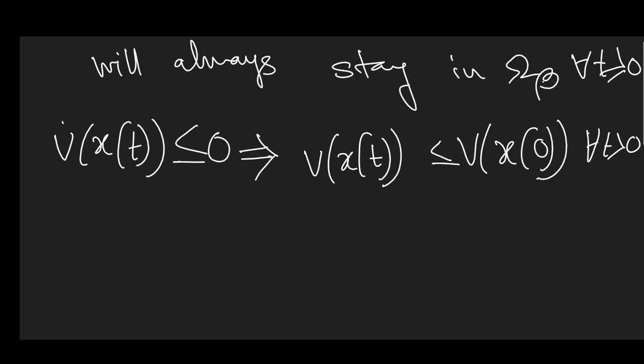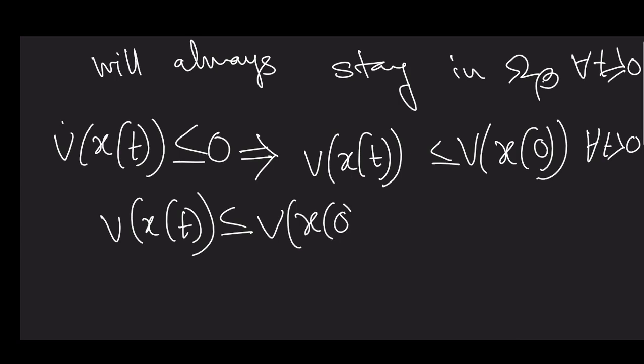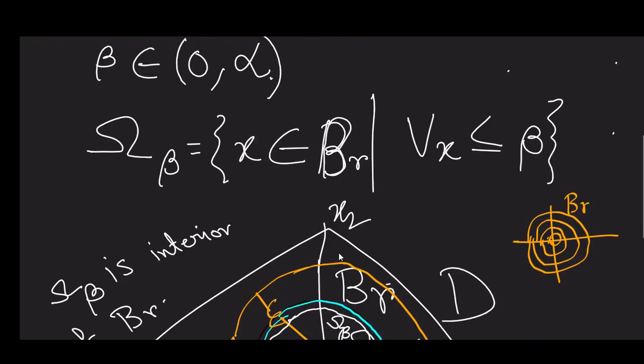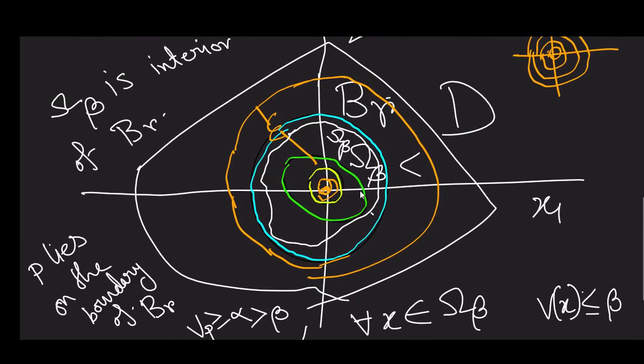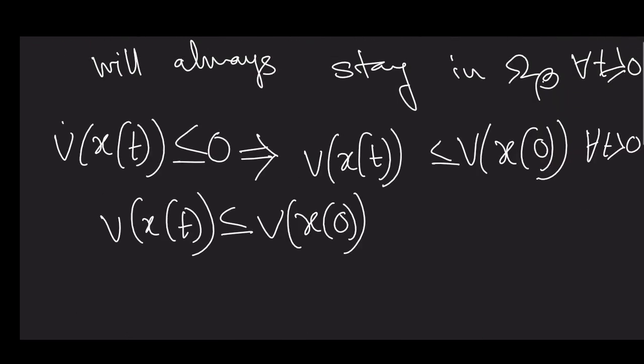And we can conveniently take that if we make sure that our V(x0) is such that this x0 falls under this region defined by this omega b, it is impossible for the trajectory to leave it. So we get V(x0) is less than or equal to beta.